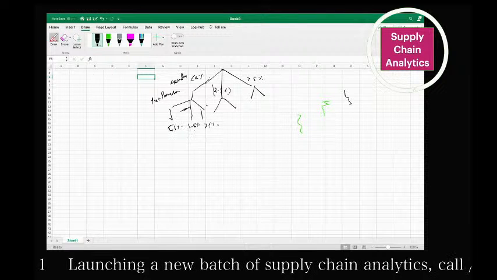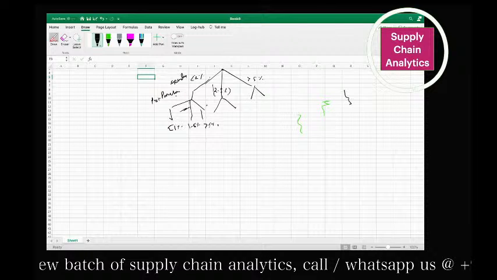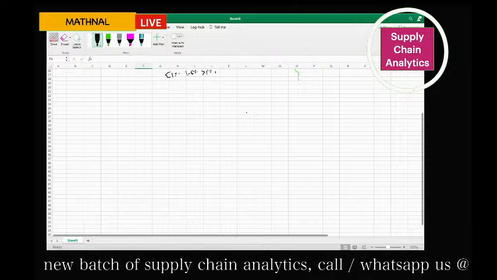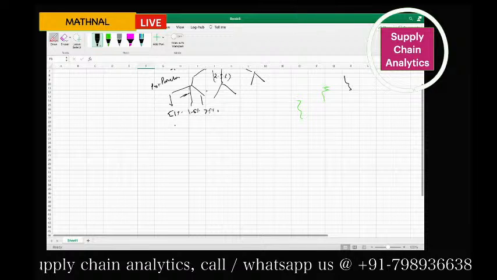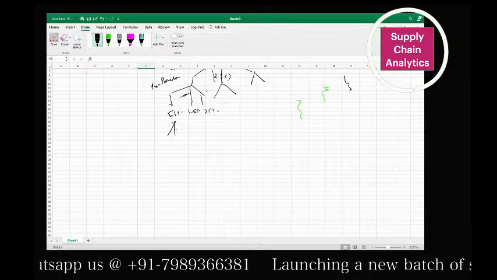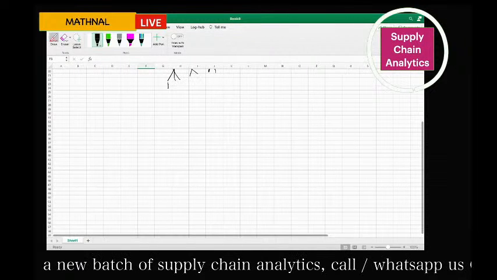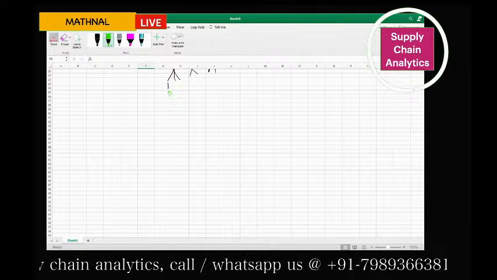Then within less than 1%, we will have categories of RFQ, like 0, 1, 2.